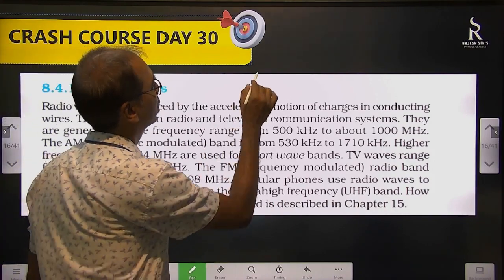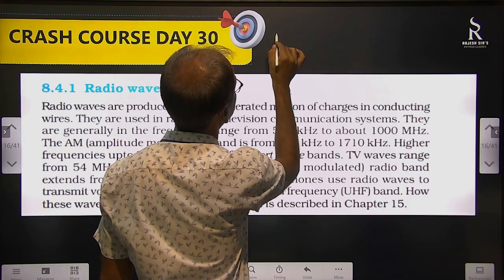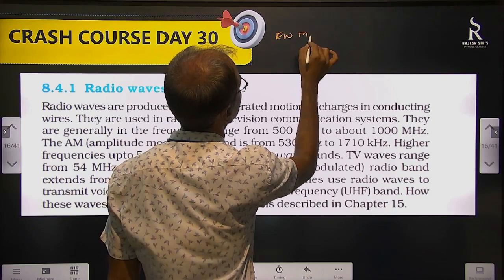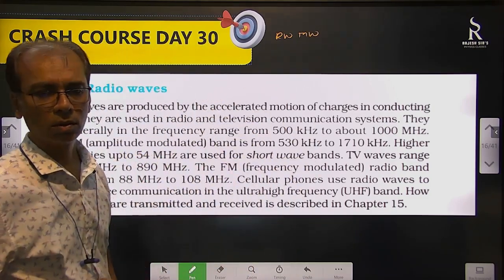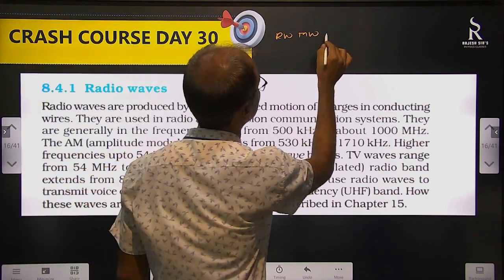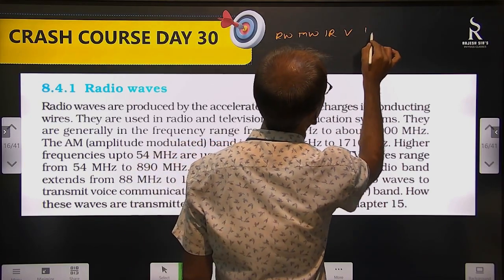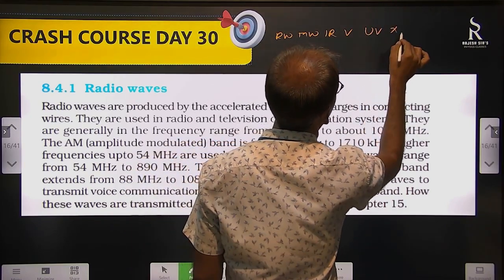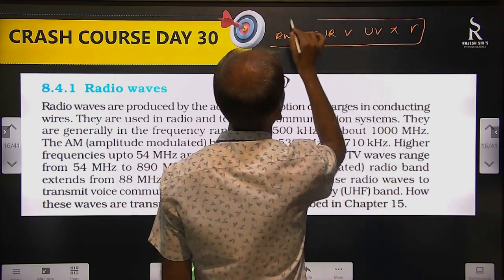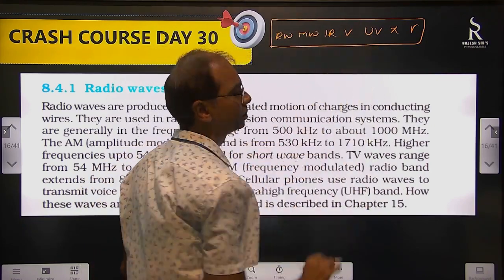We can say on this side we use radio waves, then microwaves, infrared, then the visible region, then ultraviolet, then X-rays, then gamma rays. This is our spectrum: radio, micro, infra, visible, ultraviolet, X and gamma.